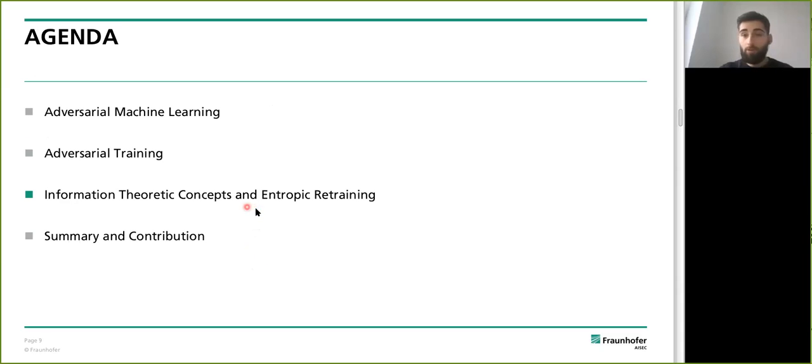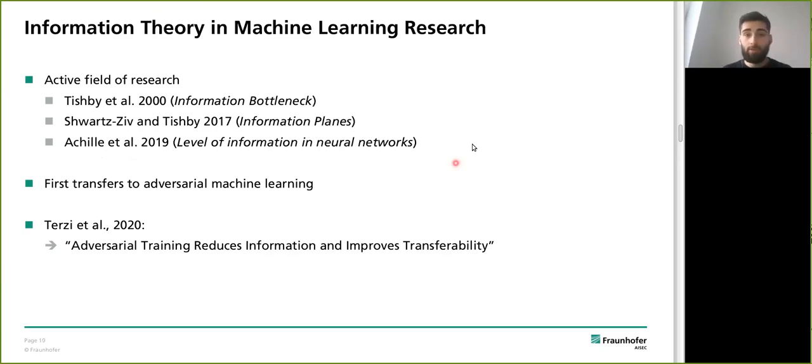Now let's talk about our approach, entropic retraining. For this we need to take a step back and have a look at information theory in machine learning research. This is also an active field of research.